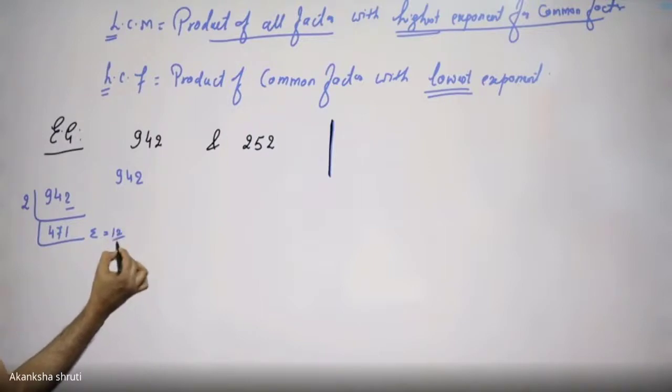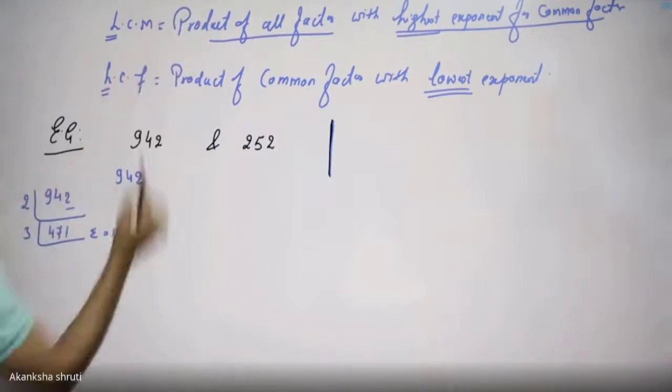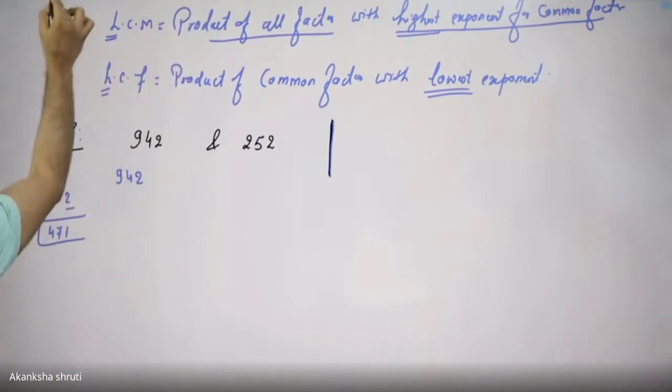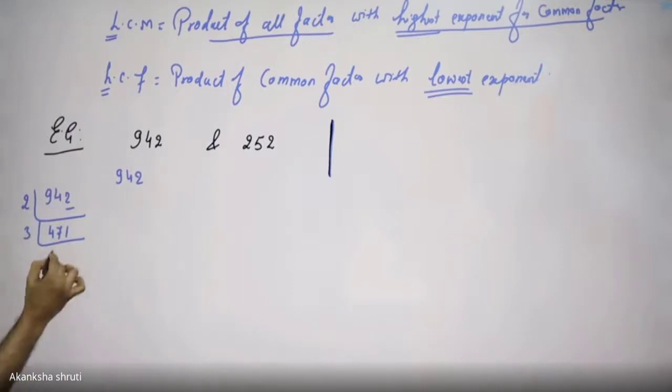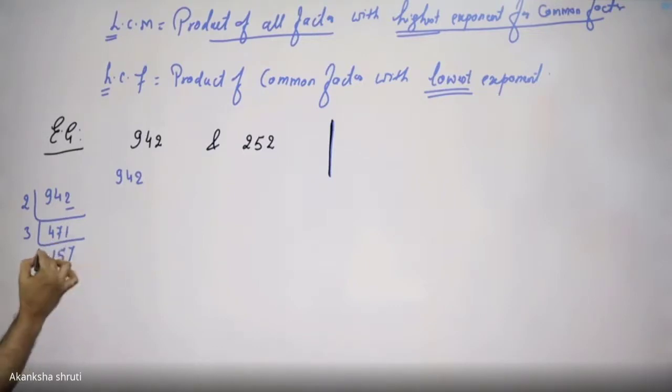Now this 12 is divisible by 3. That indicates this number is also divisible by 3. So let us go for dividing it by 3. Students, considering that 3 1s are 3, then 17, 3 5s are 15, then it becomes 2, 21. So 7 3s are 21.